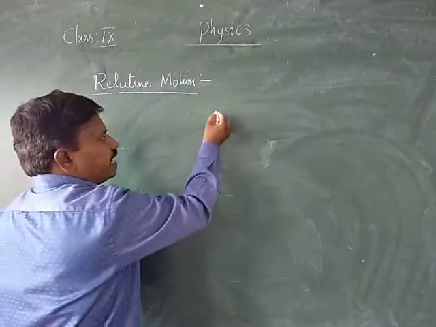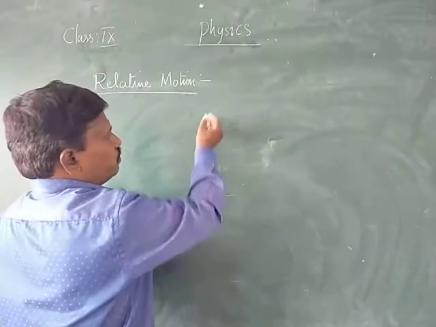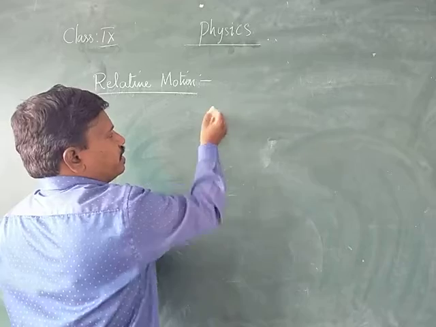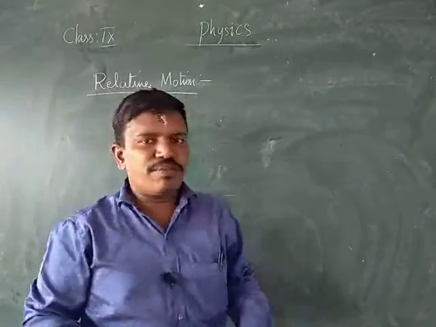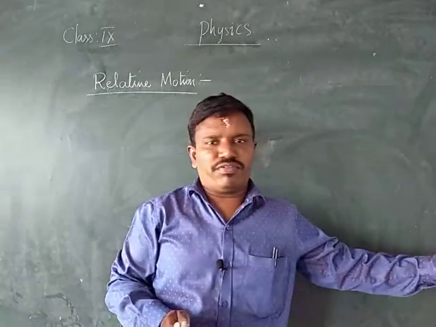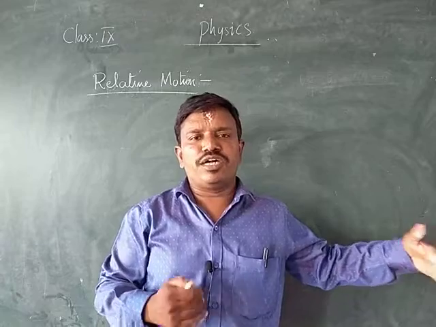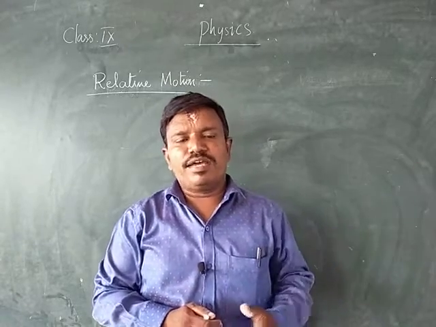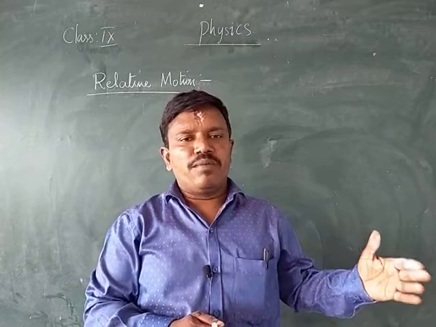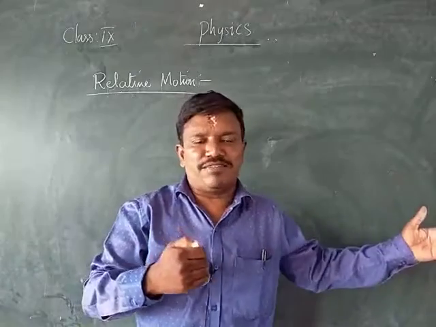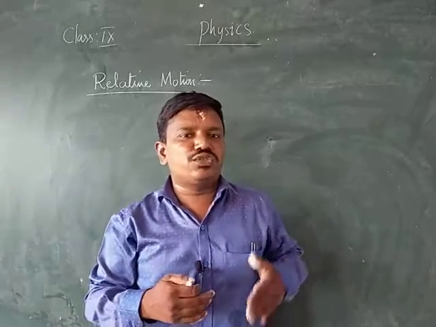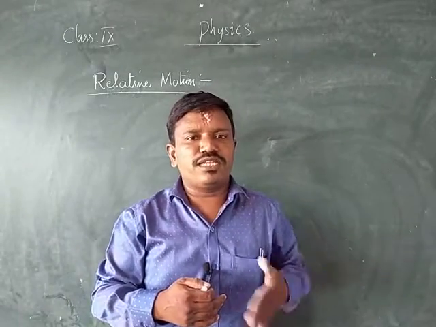Here, as I already explained, if a person is standing towards the left of me, and anyone asks the position of that person with respect to me, he is to the left of myself.